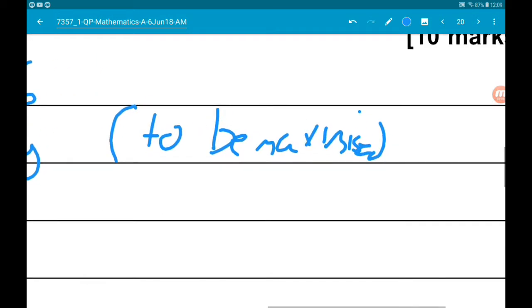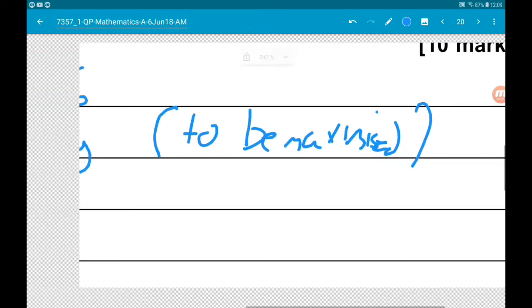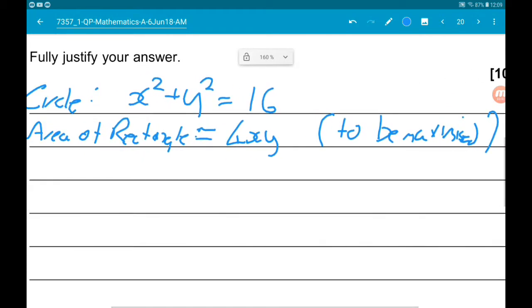Okay, so what we're going to need to do is differentiate the expression for the area. Now, we could use implicit differentiation, so that would work, and that is actually how I did this problem myself.